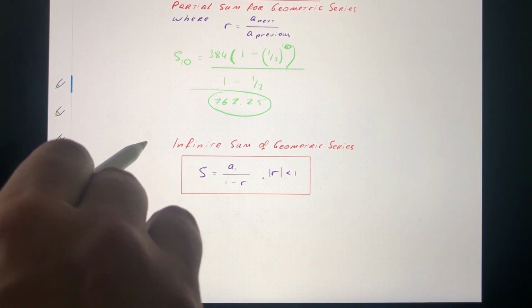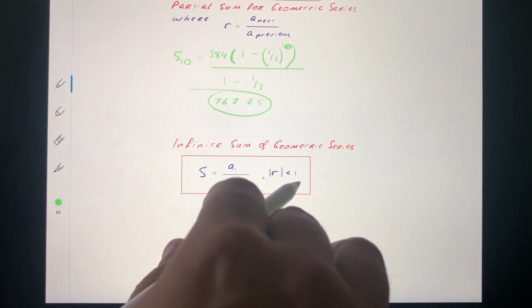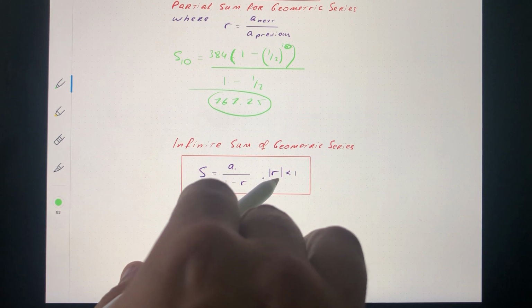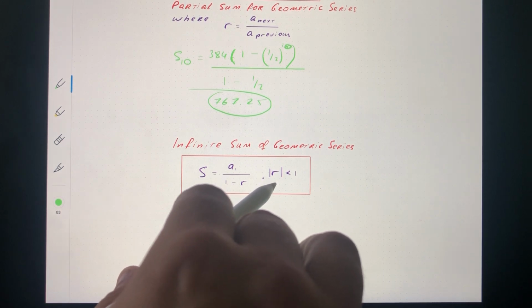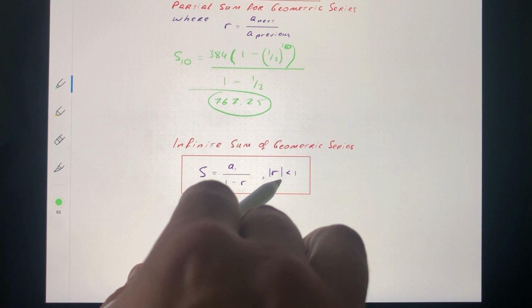And it works only if the absolute value of the ratio is less than 1, meaning that the numbers are decreasing in size. And if we add numbers that get smaller and smaller forever, then eventually these numbers are going to be so tiny that their contribution is so negligible that it no longer changes the sum. And that is why we can add all of them.